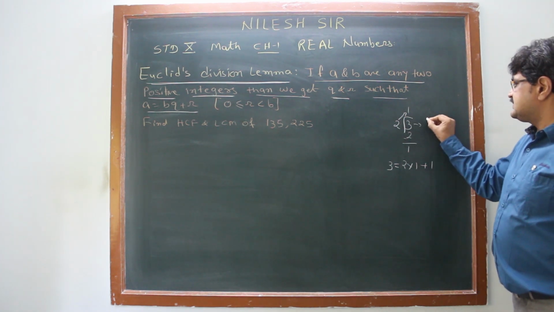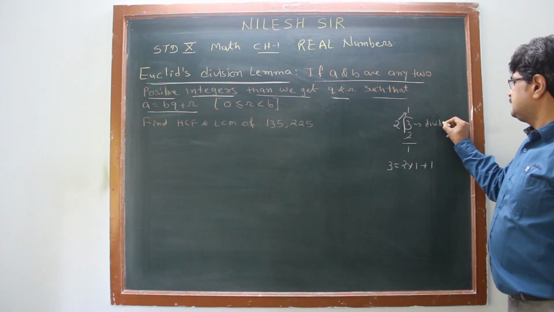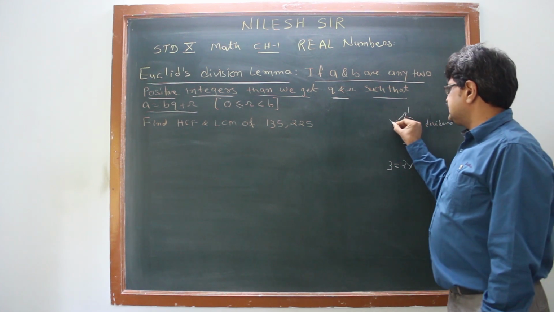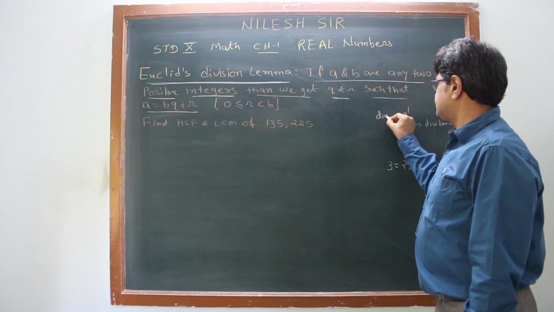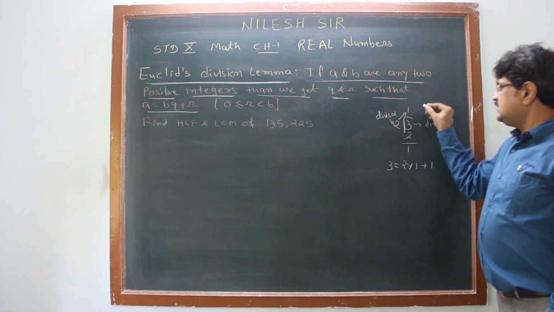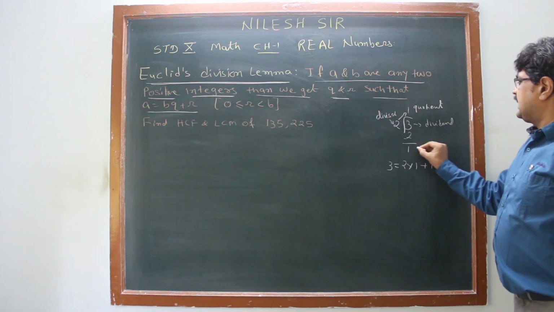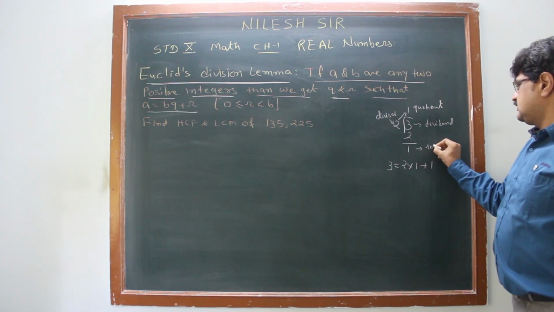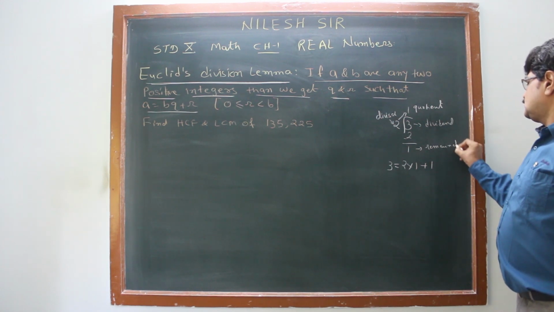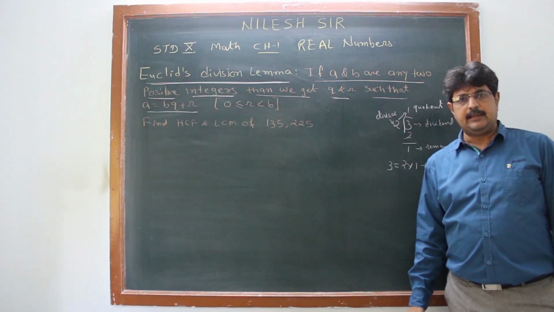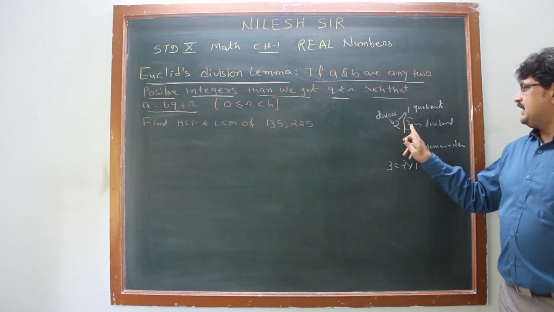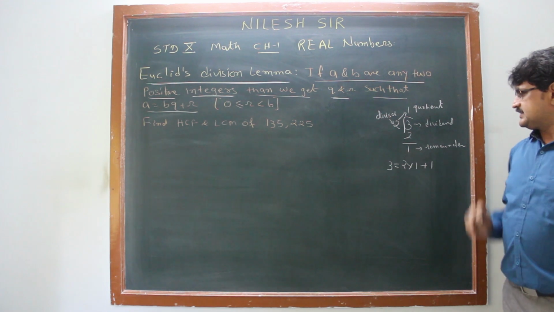Here 3 is called the dividend, 2 is called the divisor, 1 is called the quotient, and 1 is called the remainder. So Euclid's division lemma is nothing but just a is equal to bq plus r.